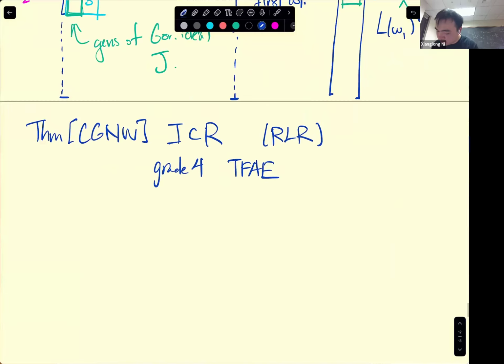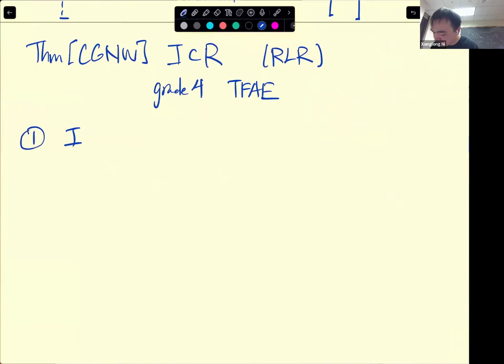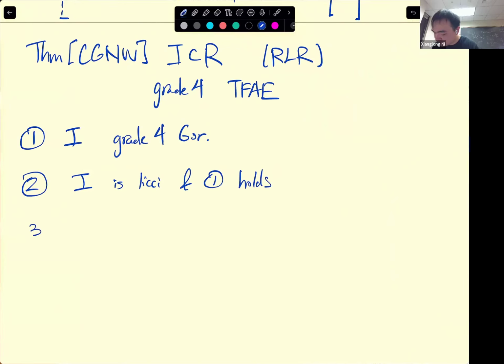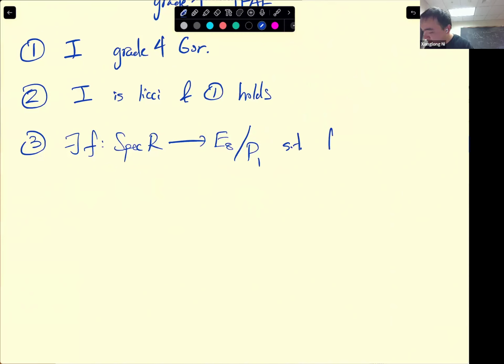Condition 1 is that I is grade 4 Gorenstein. 2 is that I is licci, and 1 holds. And 3 is that there exists F from Spec R to E8 mod P1, such that the preimage of this particular Schubert variety, S1, S3, S4, S2, is Spec of R mod I.